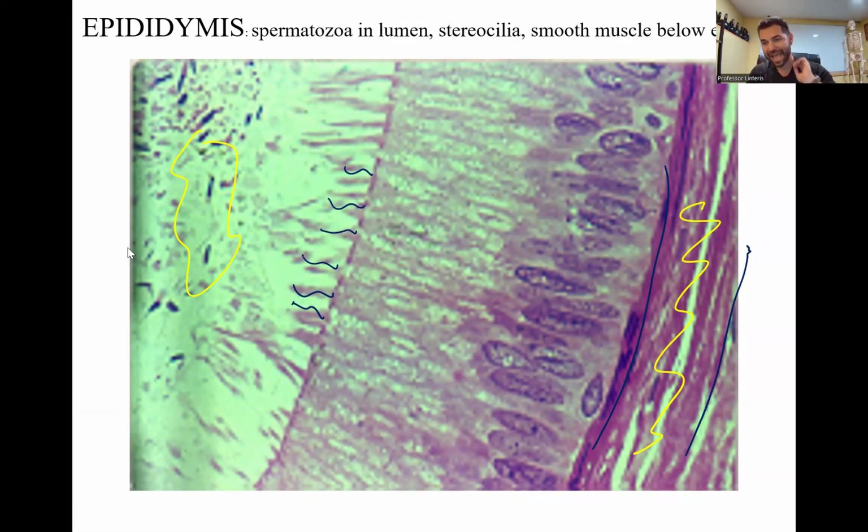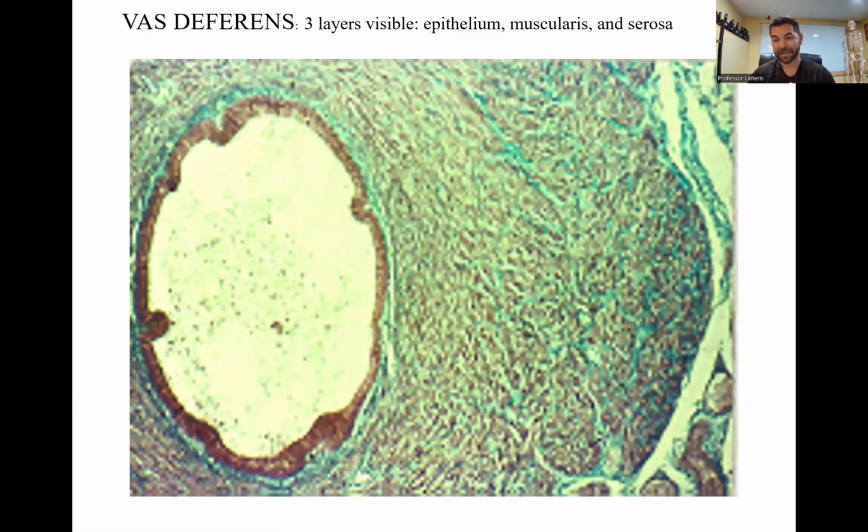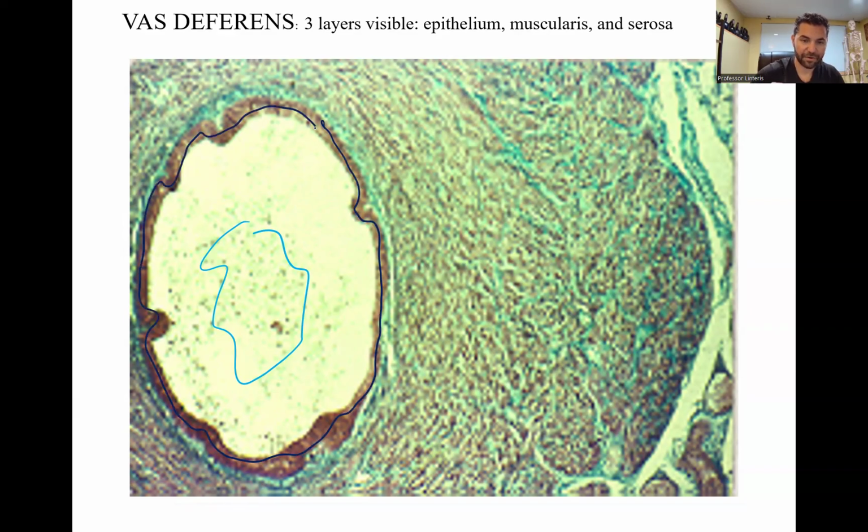So this slide, epididymis. This slide, vas deferens, right? There are a couple different layers that I might ask you about. But clearly inside the vas deferens, there are sperm, right? You have the innermost layer, which is the epithelial layer, and you can see that here highlighted in the darker red.